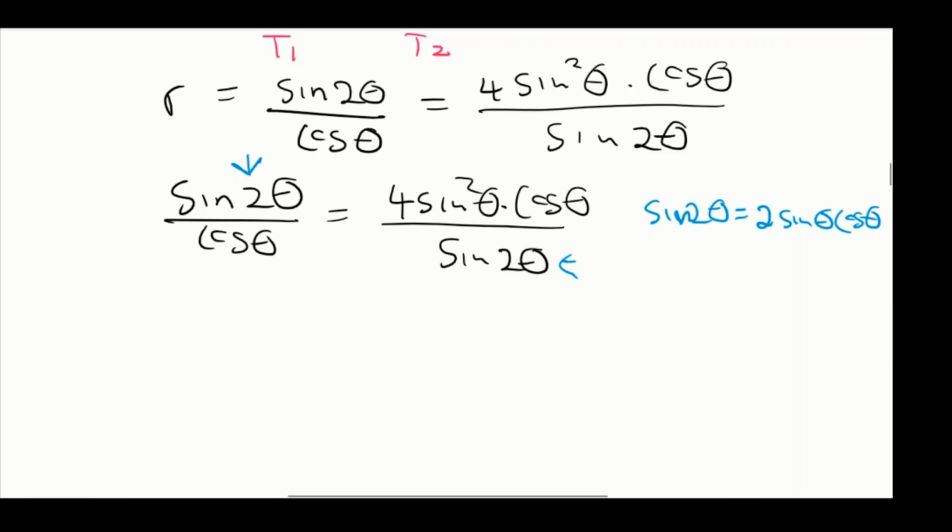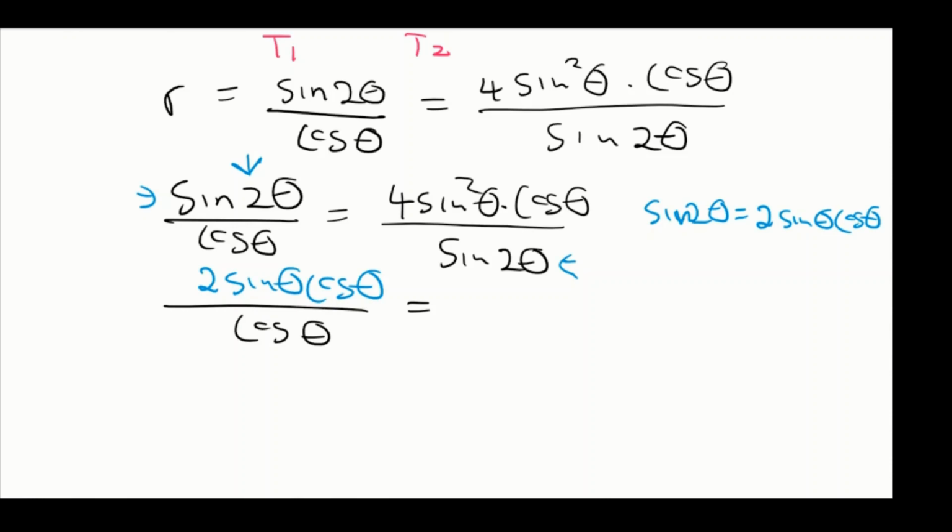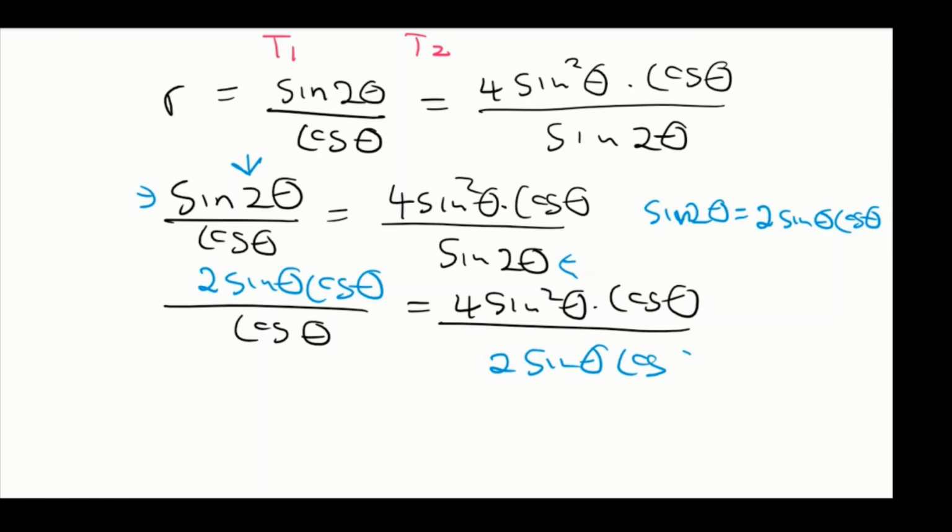This sine 2 theta is actually 2 sine theta cos theta, then you divide by your cos theta, equal to 4 sine squared theta multiplied by cos theta, divided by your 2 sine theta cos theta. Remember, this is the same as this one. So now you'll be able to solve your problem.